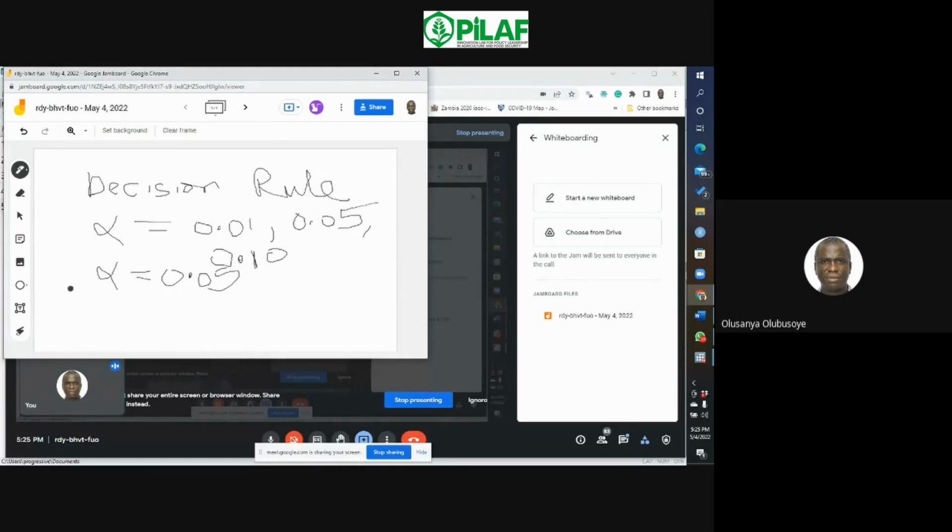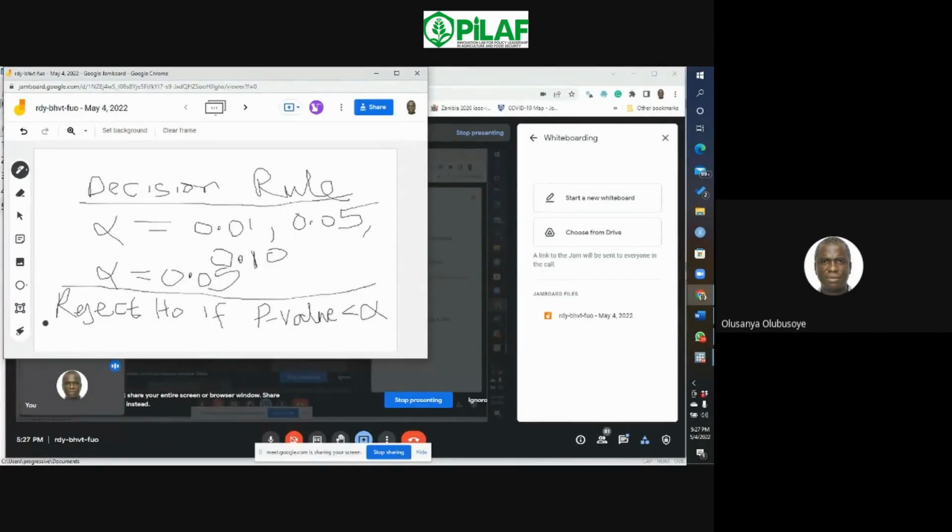So at the level of taking decision, you reject H naught if your p-value, that is the p-value reported in your test output, is less than the alpha value. If it is less than the alpha, you reject.